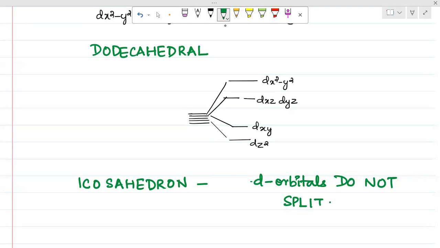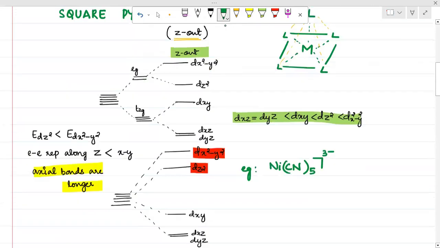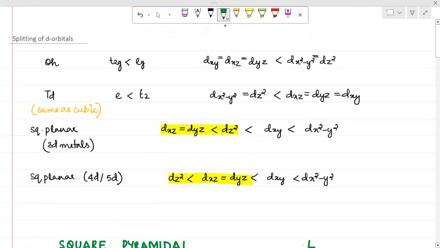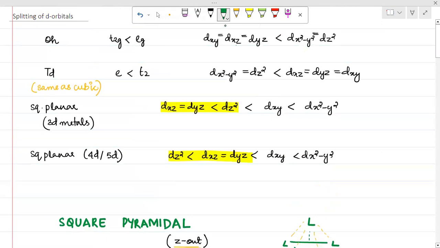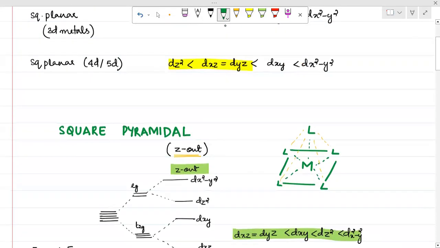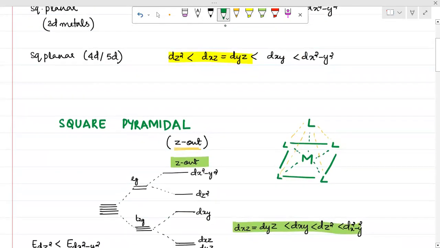Okay, there is nothing to understand over here. It's just about the lengths of the bonds that you have to note. Otherwise, it's completely mugging up. Octahedral, tetrahedral, square planar, Z out, Z in, and all, you are very comfortable now, I hope so. These, you try to find out some relation and try it on your own.